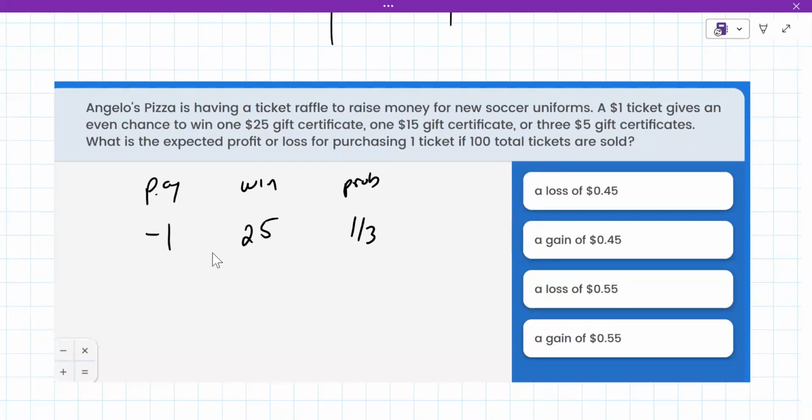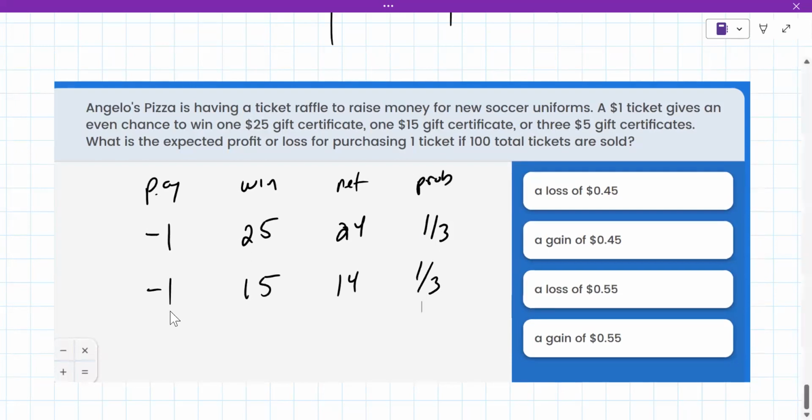Now your net, which is what you care about, is actually only 24 because you put in $1. You can also pay $1 and win a $15. Your net is 14, and that's 1/3. Or you can pay $1 and win three $5 gift certificates. So that's 15 again. Your net is 14, 1/3.